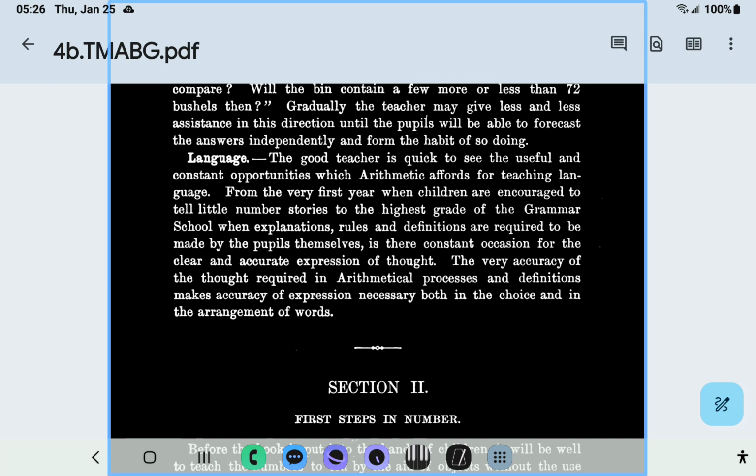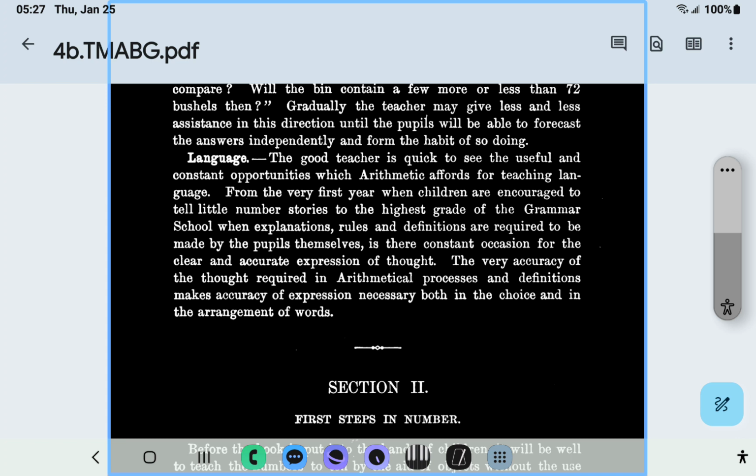If I have to listen Wide and every 3 page feet deep. before I The can teacher get may to a new ask about section, how many 2 feet does there the bin has to contain? be a way How do a bushel and a to cubic skip foot around in compare? reading Will the using bin contain a few talkback, more or less than 72 because bushels then? there just Gradually the has to be a teacher may way. give less and less assistance in this direction until the pupils will So be able to let's just forecast finish listening to the this. answers independently and form the habit of so doing.